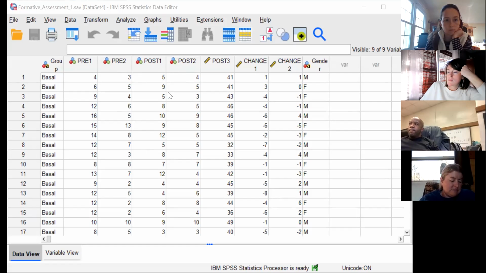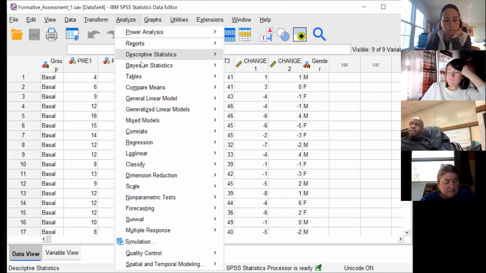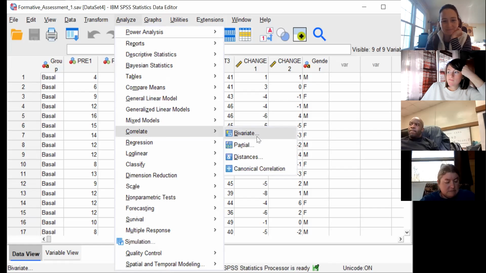Let's see if post 1 and post 2 are correlated. I'm going out on a limb here, so don't blame me if it doesn't work. Post 1, post 2.